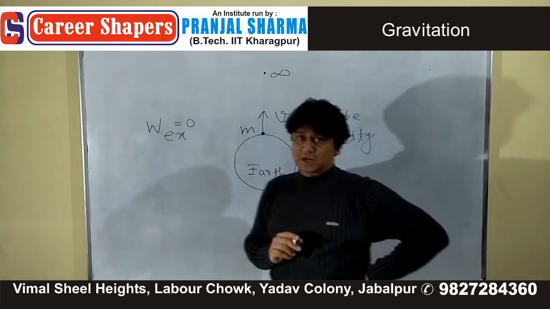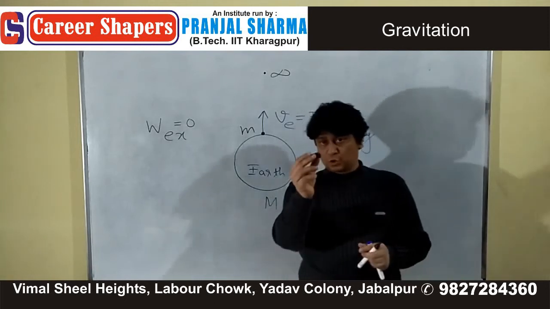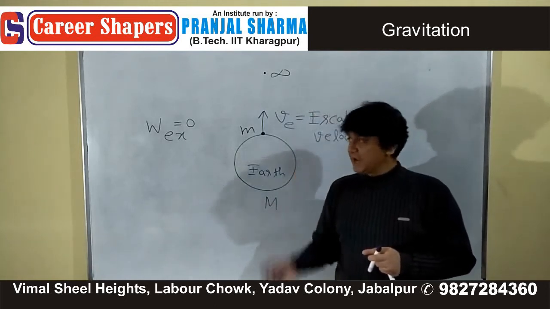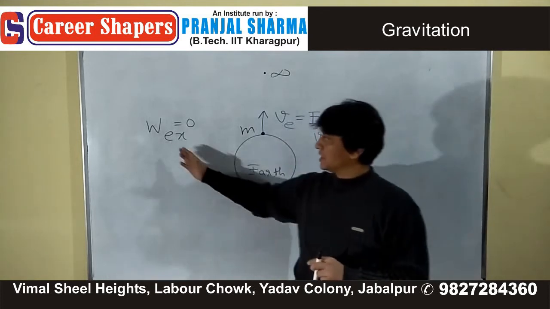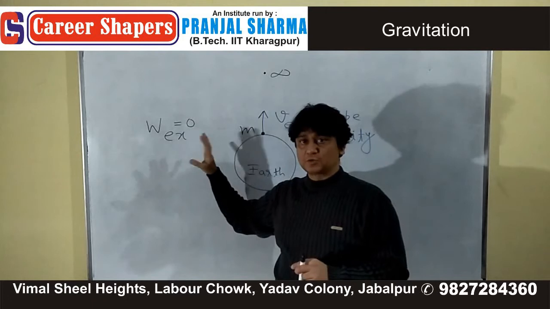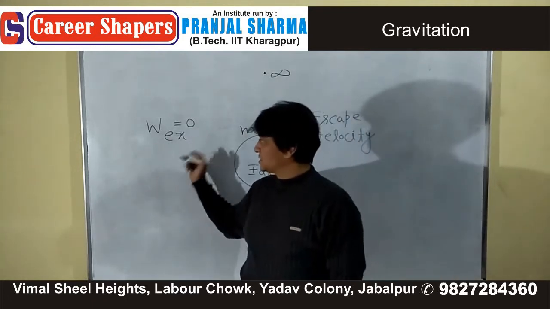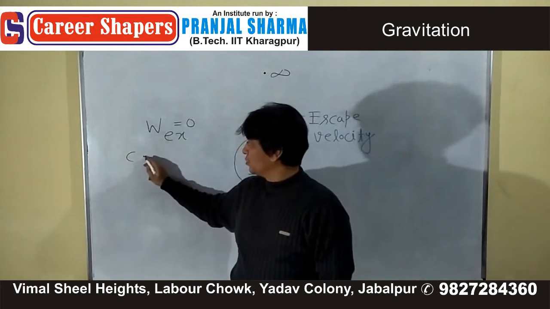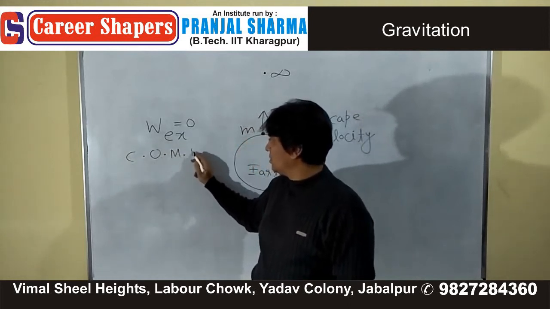There is no external work. Once I throw this thing, the moment it leaves my hand, W external becomes 0. And if W external is 0, you know that we use COME.